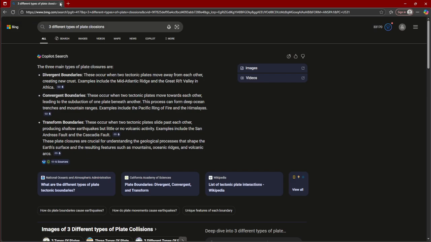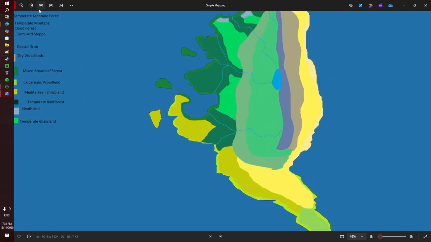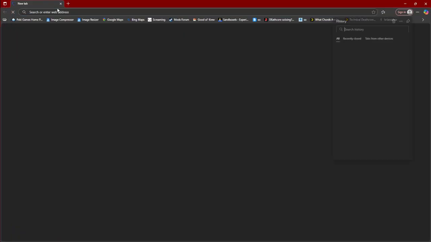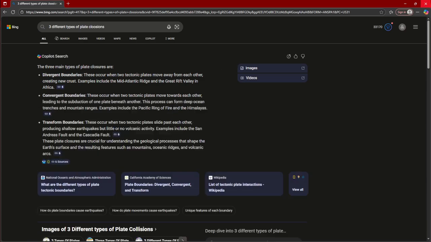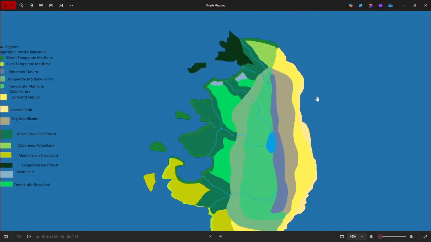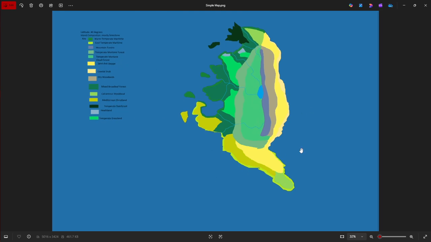Alright. This island's formation was caused by the convergence of two different plates. Oh my gosh, I can't remember what it was called. My search history. This was caused by the convergence of two different plates: Del Western plate and Del Eastern plate.